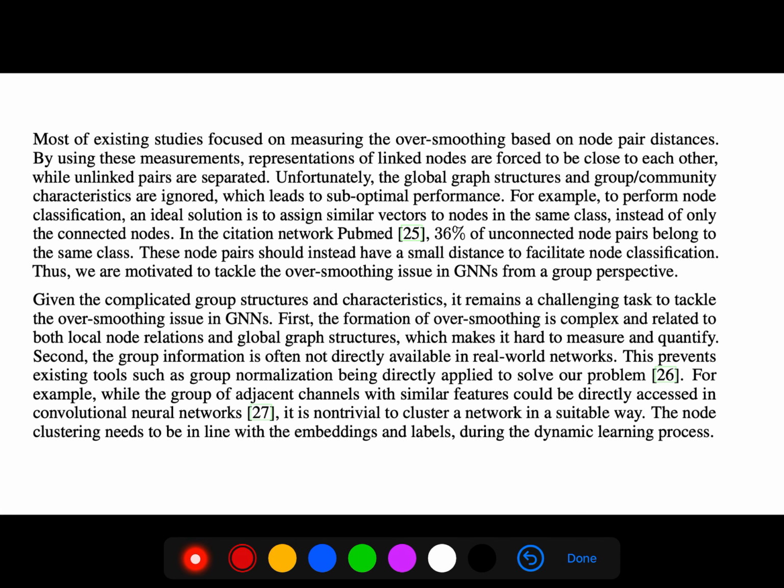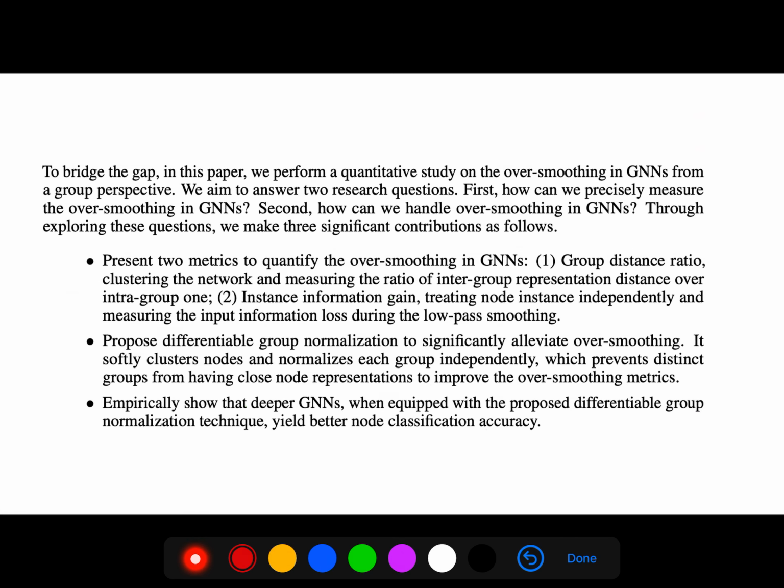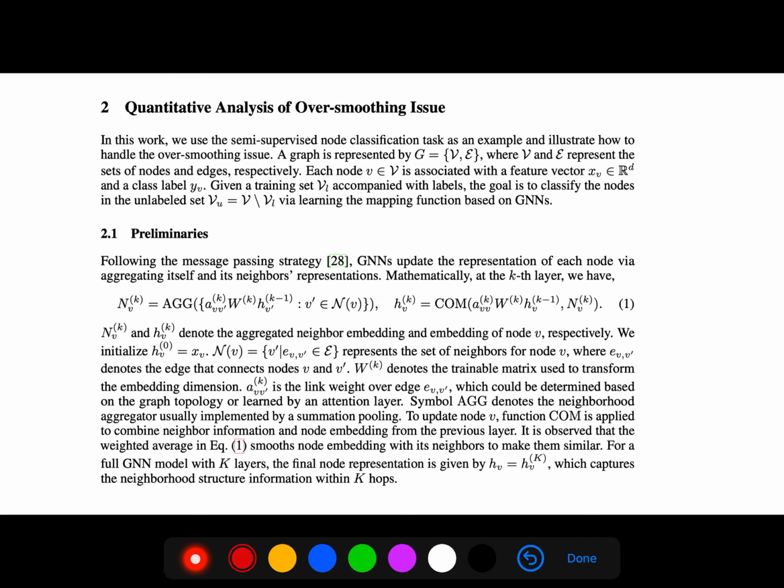Most of the literature treats oversmoothing on node pair distances. They forget the group structures. So they have this group normalization to significantly alleviate oversmoothing.